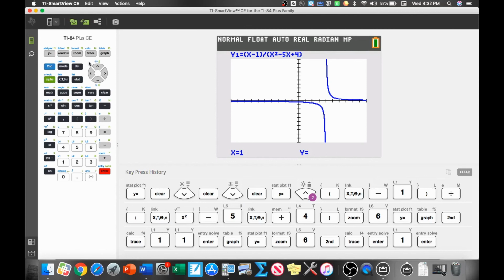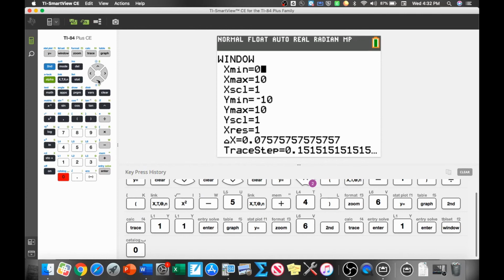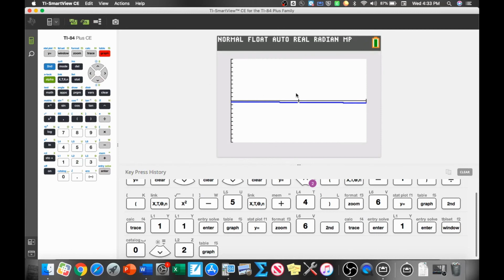So now if we really want to try to see this hole, we can play with our window a little bit on our x-axis. So what if we make our x minimum 0 and we make our x maximum 2, then x equals 1 would be right in the middle. Now let's see if we can see it. Oh, right there. Do you see that? There's a tiny little gap right there in our graph.